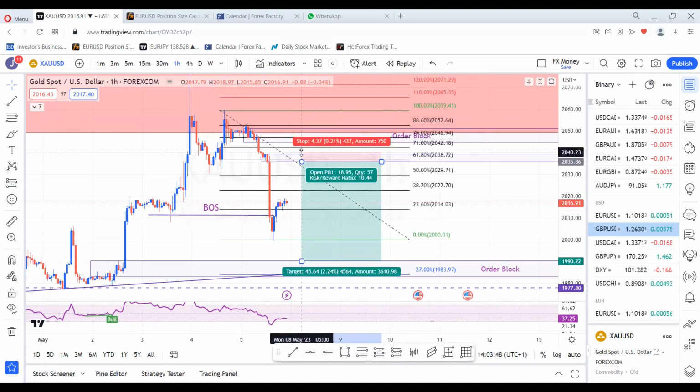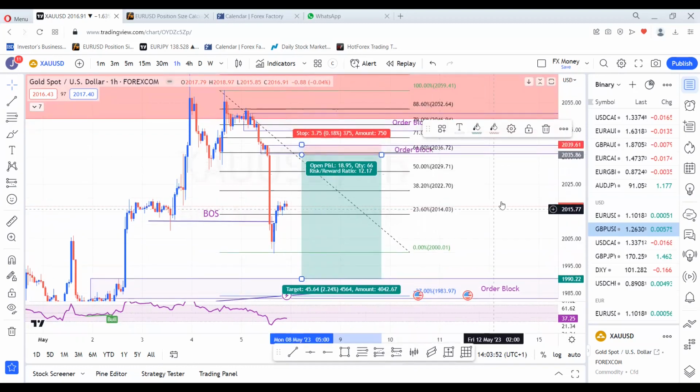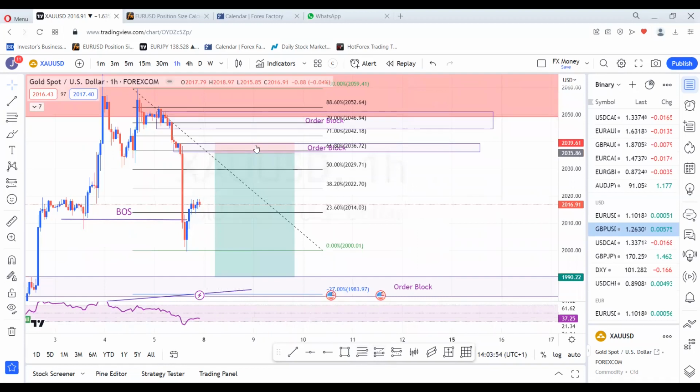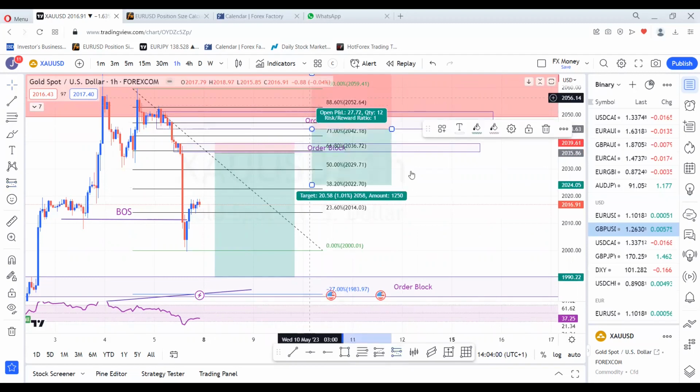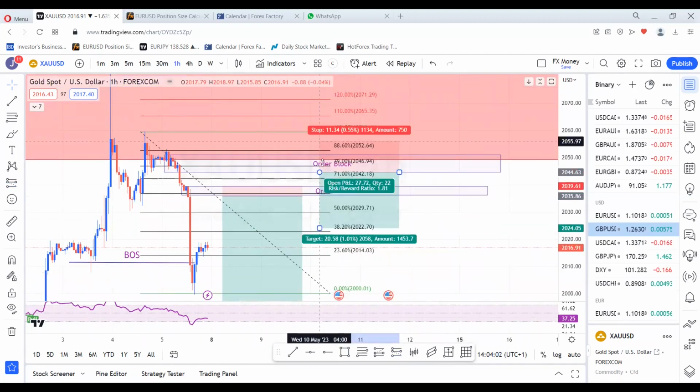You can do it two ways. You can take the first one, this little stop loss. This is like 12/1. Then you can put 0.5% here, then take another one here. Right, another 0.5%.